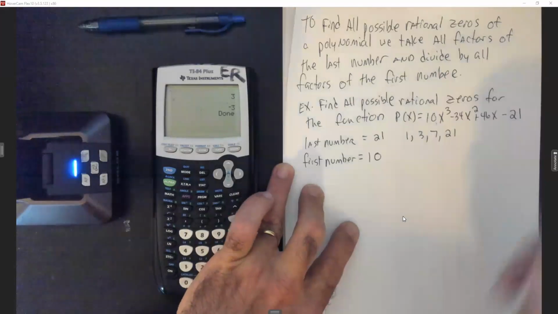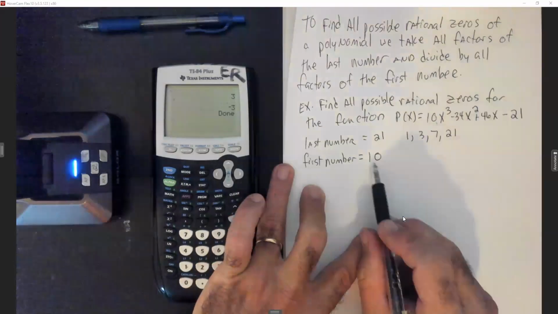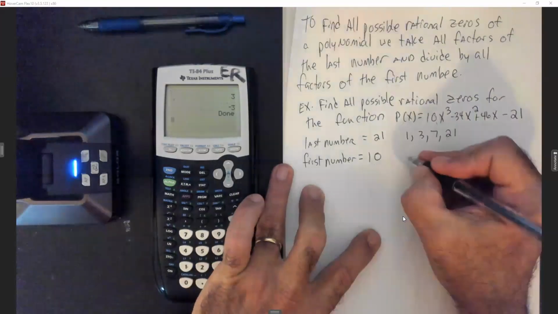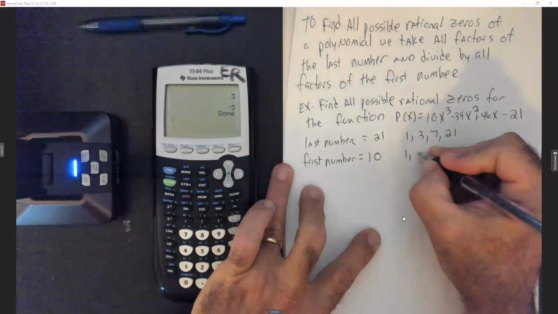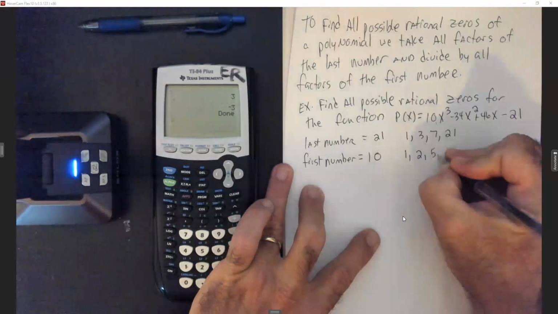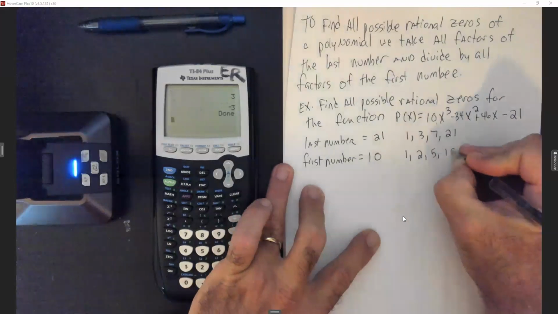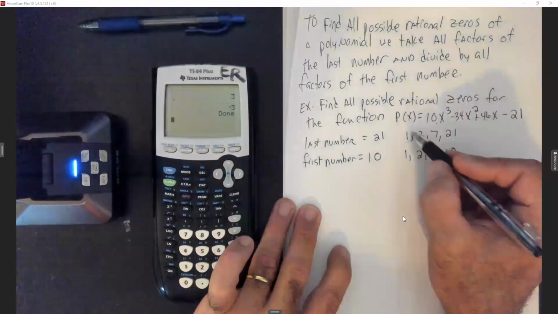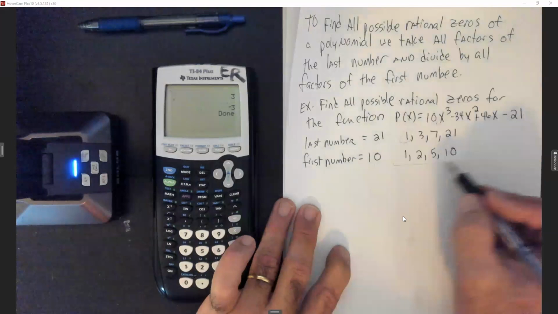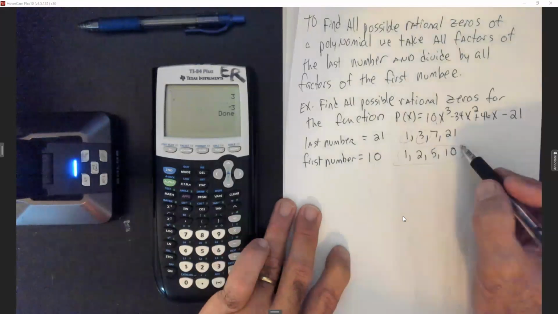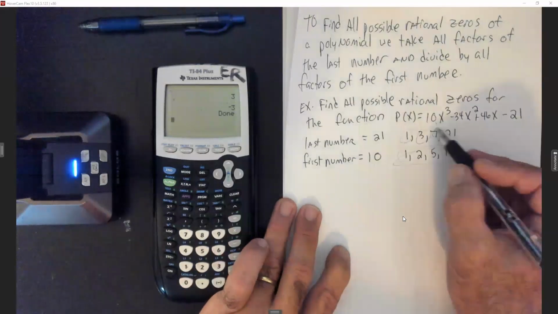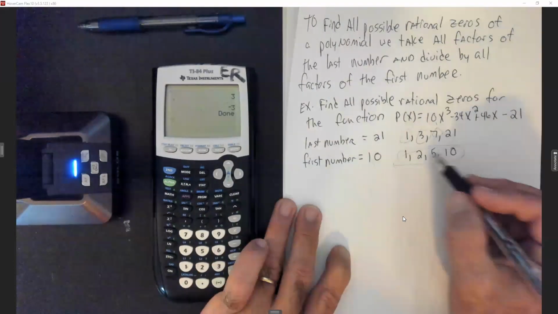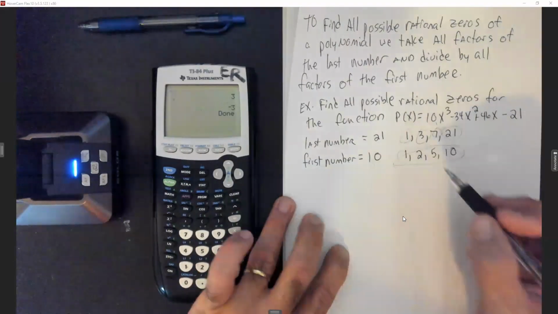Those are all the factors of 21. And then all the factors of 10 would be 1, 2, 5, and 10. So what I'm going to do is start with the 1 and divide by all these numbers. Then I'll take the 3, divide by all these numbers. Then I'll take the 7, divide by all these numbers. And then the 21, divide by all these numbers.